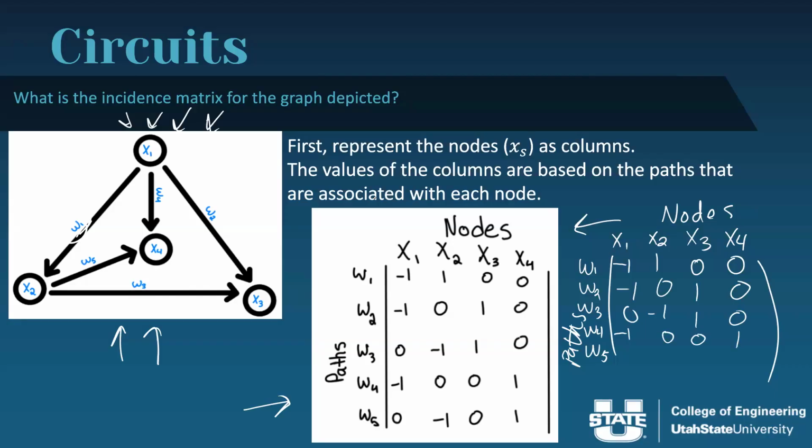And finally, path 5 goes from node 2 into node 4. And just like that, we've set up the same incidence matrix that you see in the image. Does setting up an incidence matrix make sense? Any questions about it? Cool.